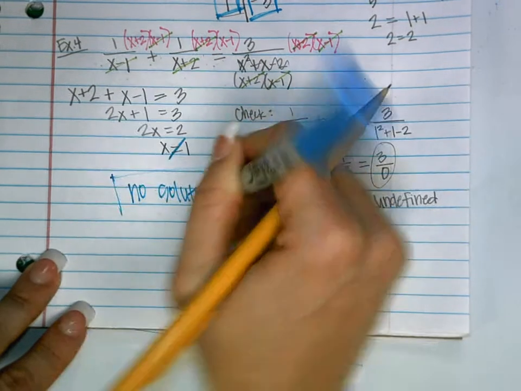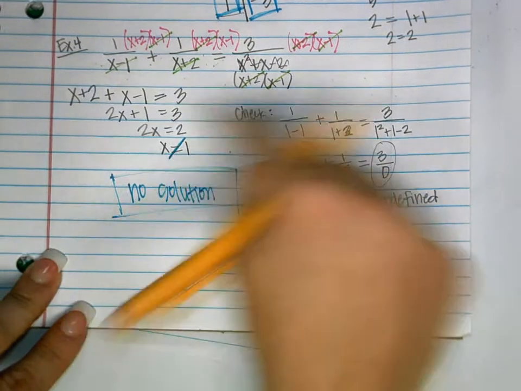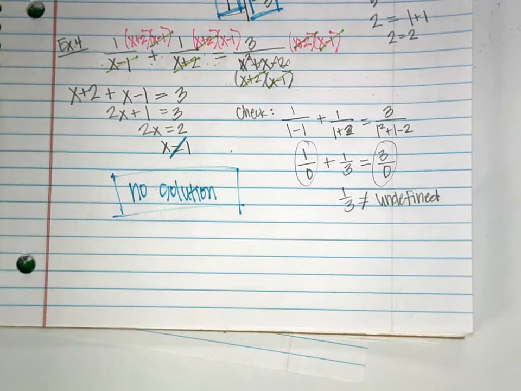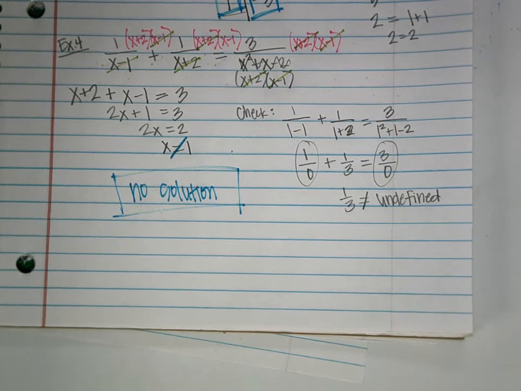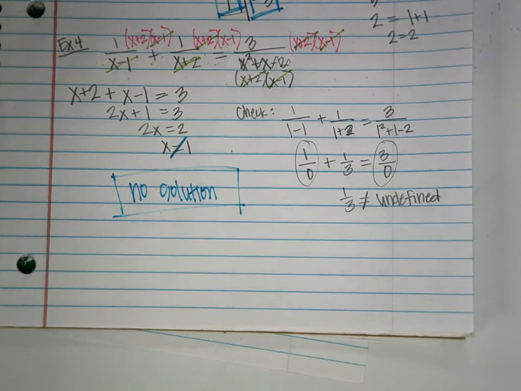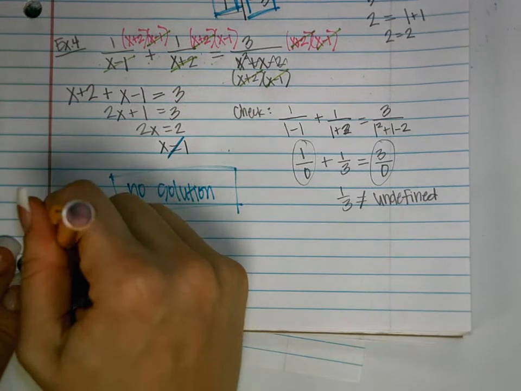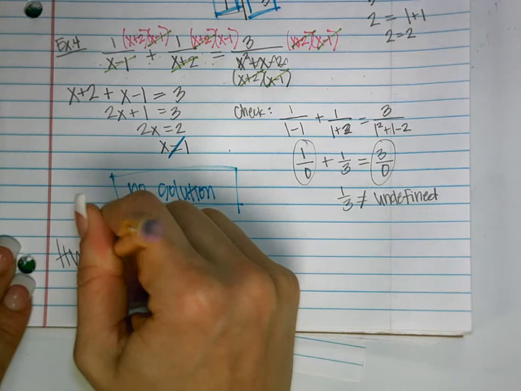No solution. This is like a bad math problem. It's kind of like someone made this up and said, oh, solve this. Well, it doesn't work. It's not possible. So that is called no solution. Be careful.